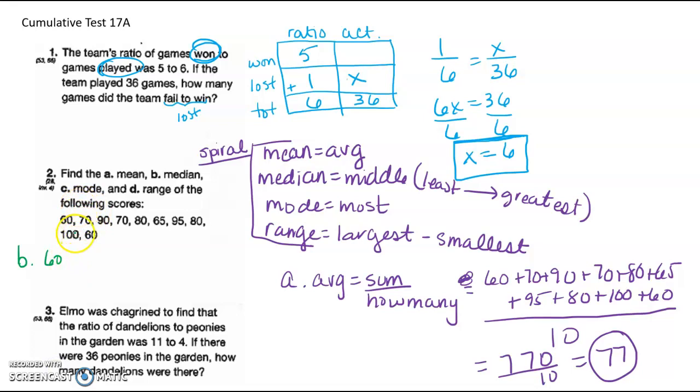So I have 60. Okay, so there's a 60 and there's a 60, so let's put both of those there. And then I have a 65, so we'll put that here. And then I have two 70s, so 70 and 70. Looks like 80 is the next one.